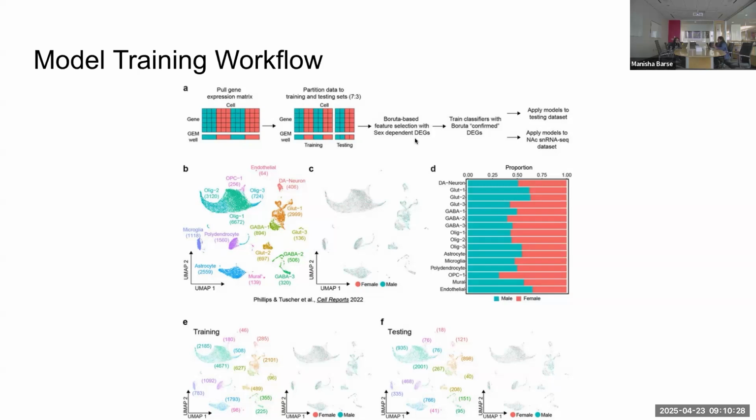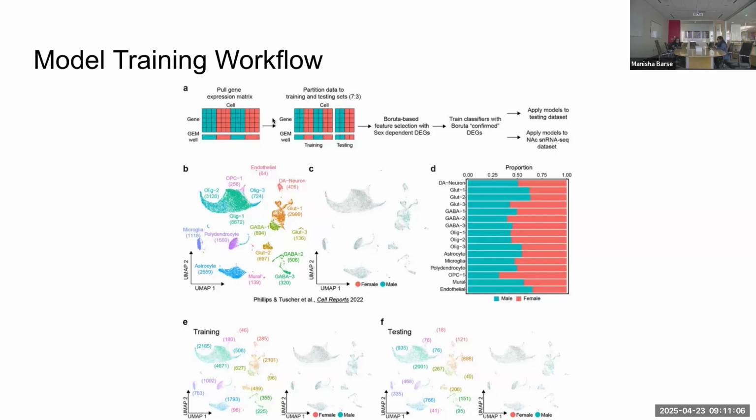Then they use the Boruta-based feature selection method, along with differential gene expression. After confirming the differentially expressed genes with Boruta, they apply the models to the testing data set. Towards the end, I will also show how they apply it to another independent single nucleus RNA-seq data set.